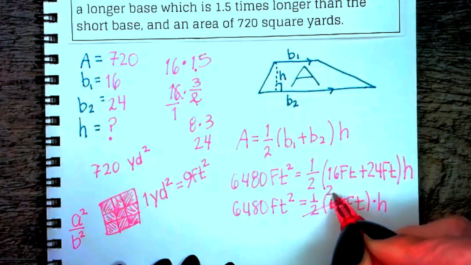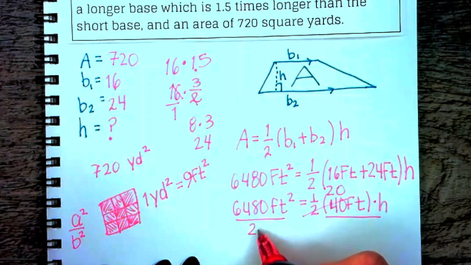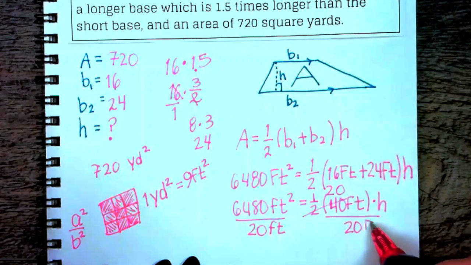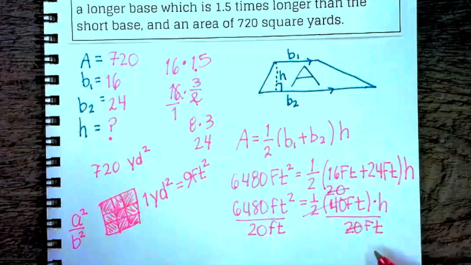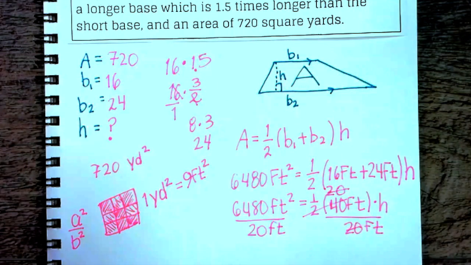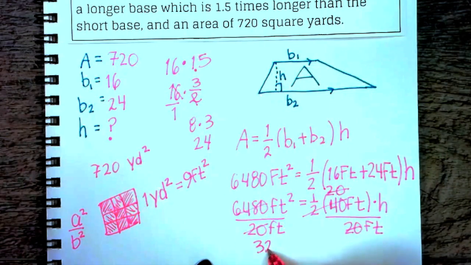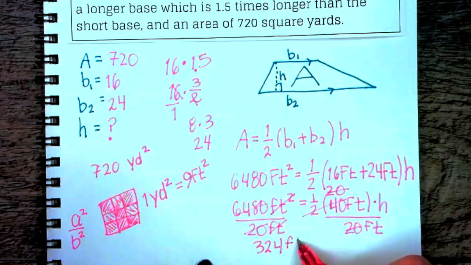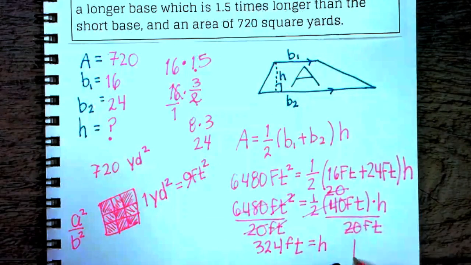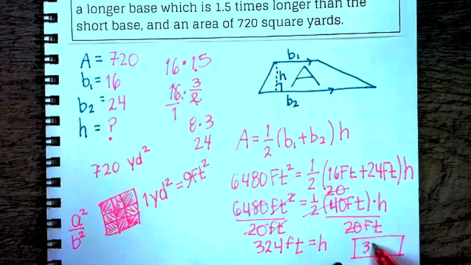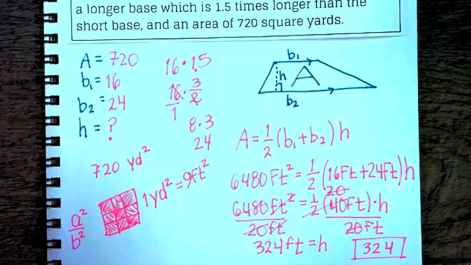We're trying to get h alone. We're going to divide both sides by 20 feet. 20 and 20 reduces to 1. 6,480 divided by 20 is 324. Feet squared divided by feet is feet equals h. Then you only type in the number, no units, no spaces, no nothing, 324.